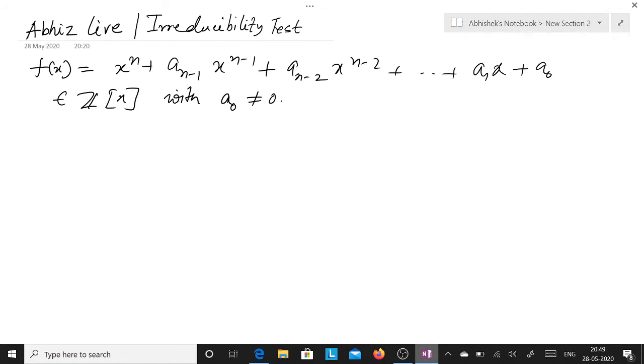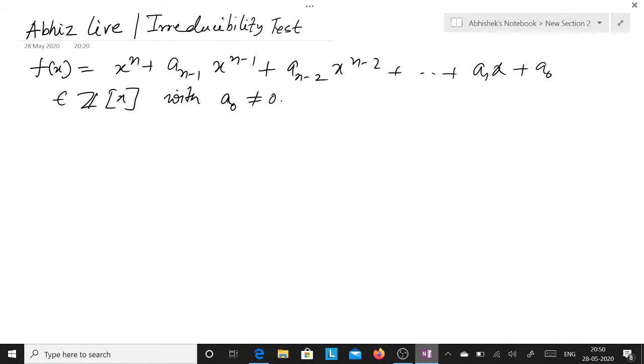Okay, so I would like to recall that my topic was the irreducibility test of polynomials, which is very important in many exams, in CSIR NET, NBHM, TIFR, so for PhD entrance tests in mathematics.